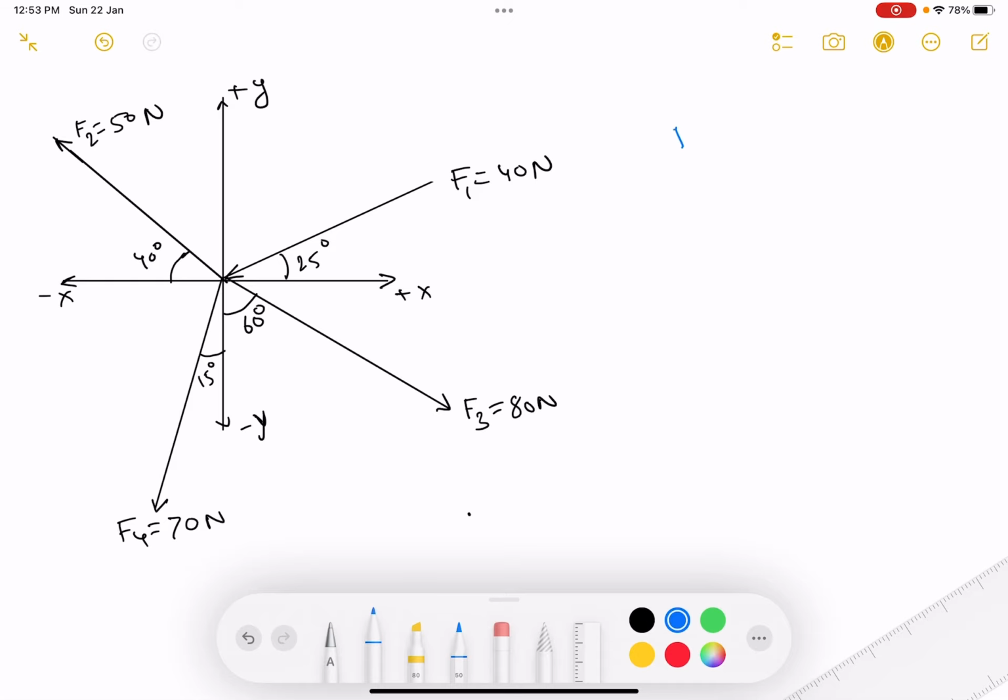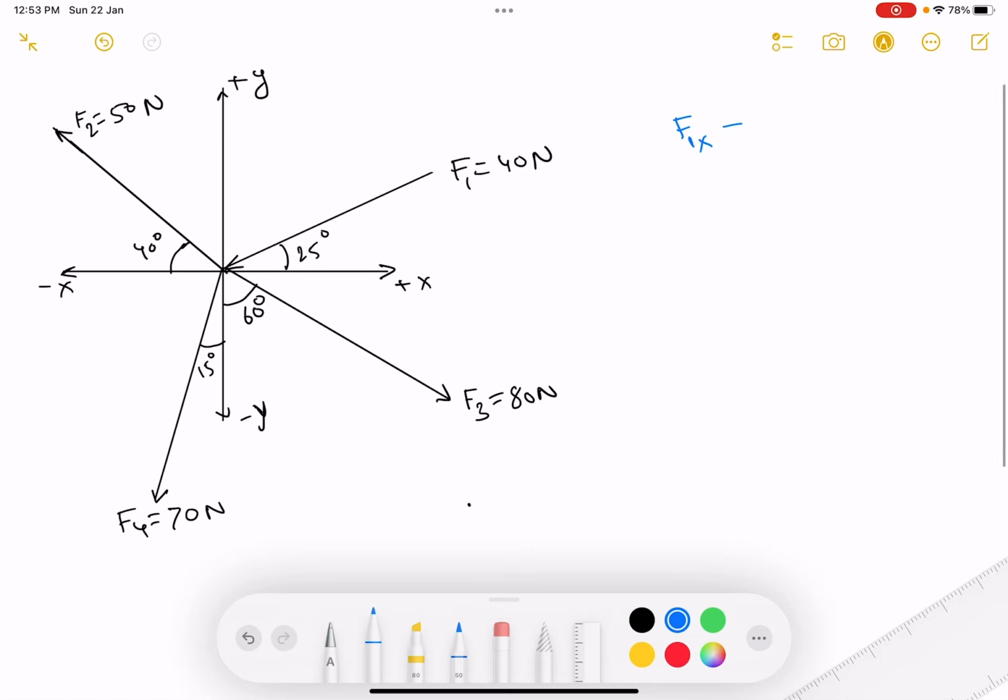Let's say we want to resolve the force F1 in the x direction. The first step, as I said, is to consider the smaller angle. The 40 newton force is making an angle of 25 degrees with the x-axis, but also remember it is making another angle, which will be 155 degrees with the x-axis.